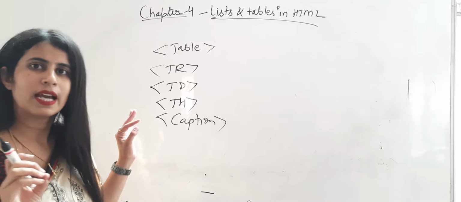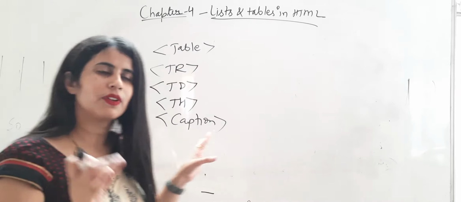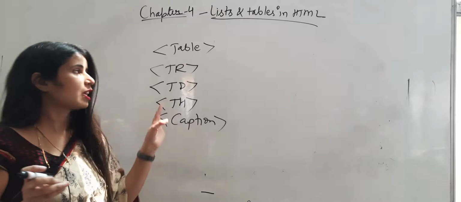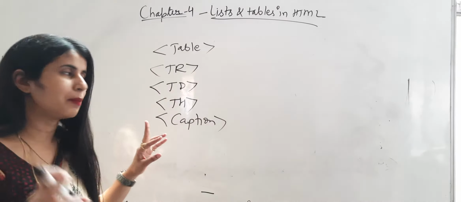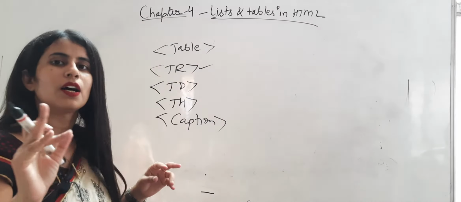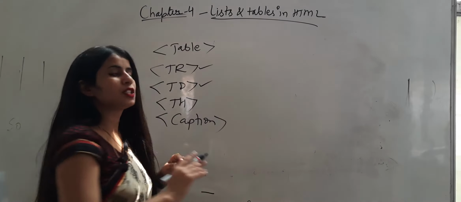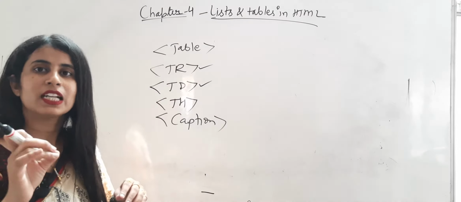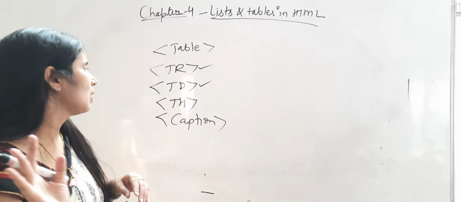So lists we had studied. Now in tables we have these tags. The table tag is used to create a table, to start a table. The TR tag is used to create a row. The TD tag is used to display the items that we want to keep in our table.